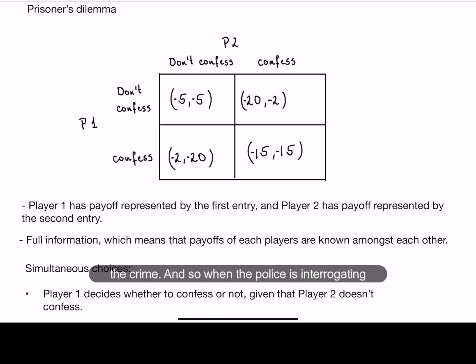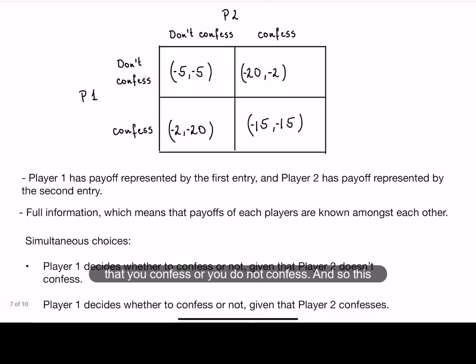And so when the police is interrogating them, the police is offering them two options: either that you confess or you do not confess. And so this payoff is outlined in here. So if neither of them confesses, then the police may not have strong evidence against the crime that they have committed, so each one gets 5 years of sentence.